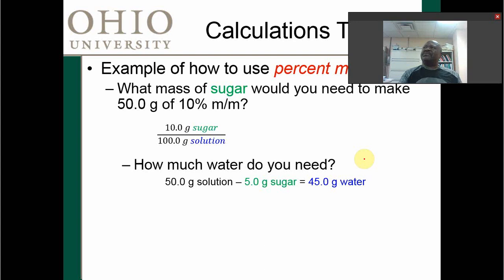In this case, 10 grams sugar over 100 grams of solution. Normally you'd say times 100 to get the 10%, but that's what 10% means. 10 grams sugar per, which is divided by, 100 grams of solution.